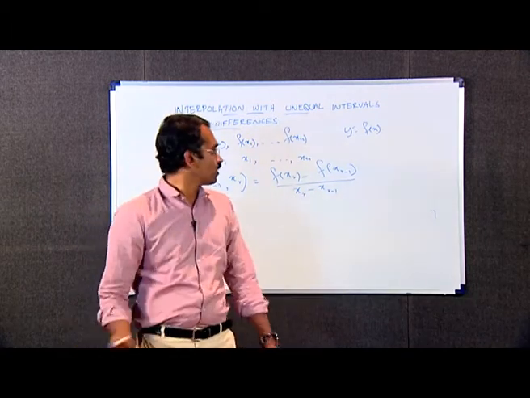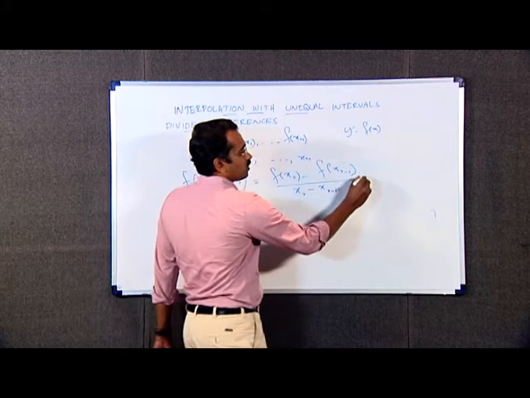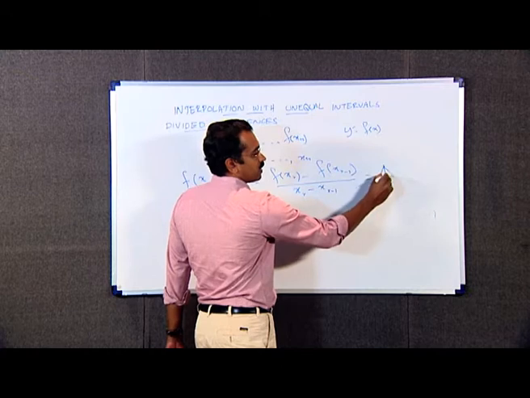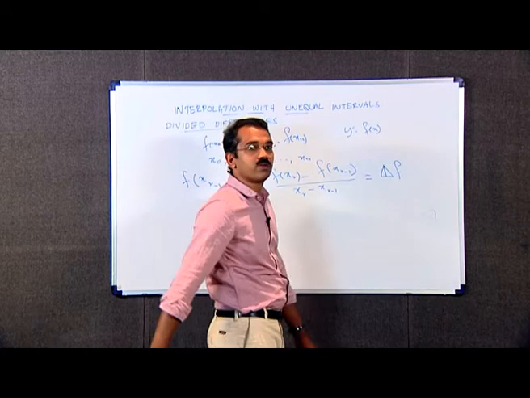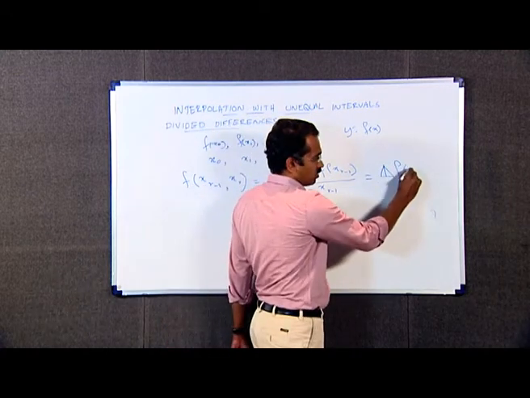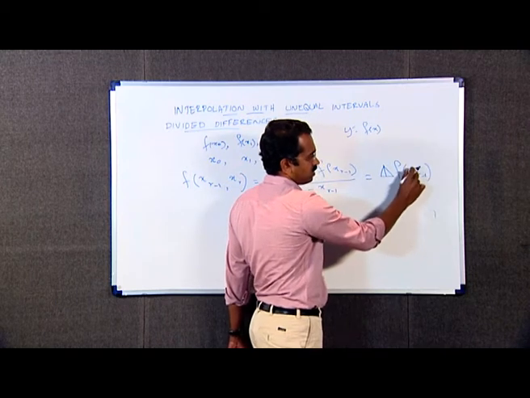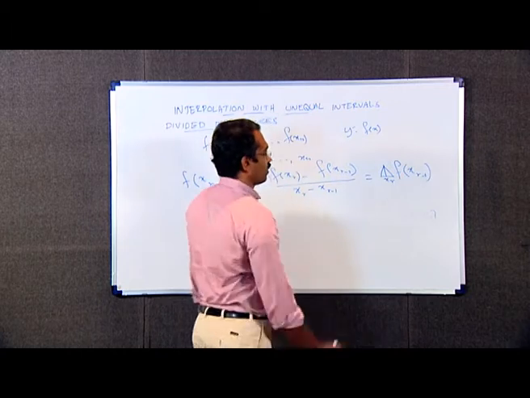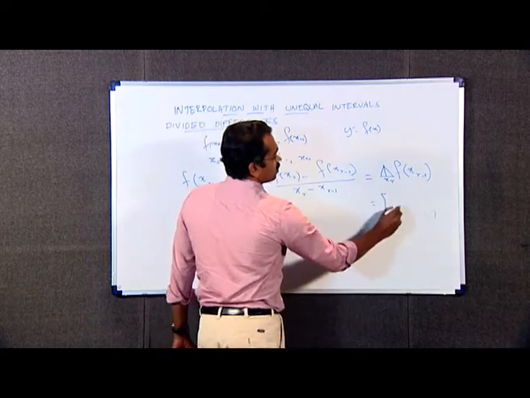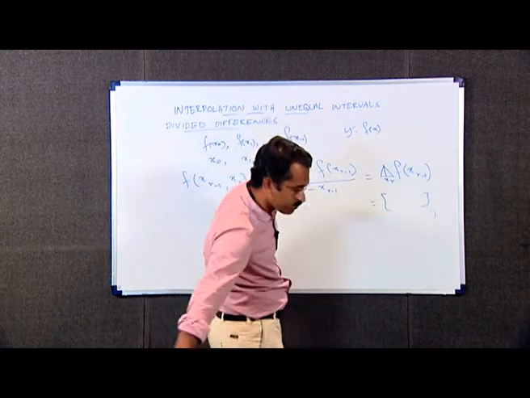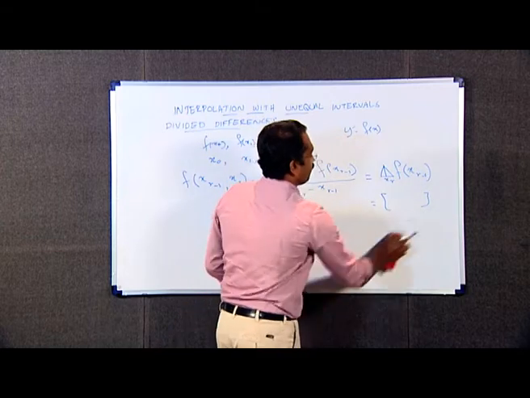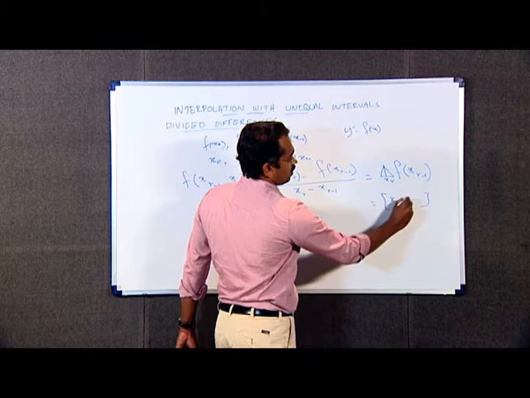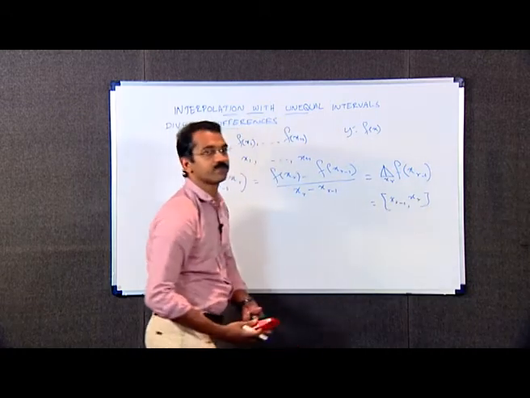We can use the notation divided delta f of x r minus 1, we write here x r, or we can use this notation also, x r minus 1 x r.